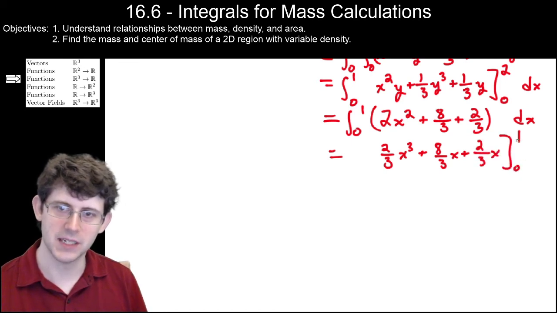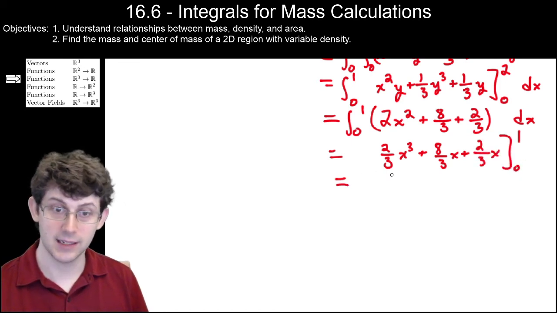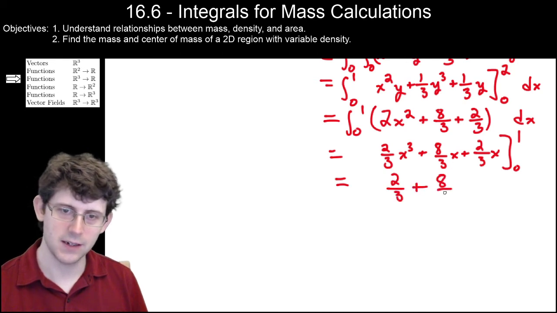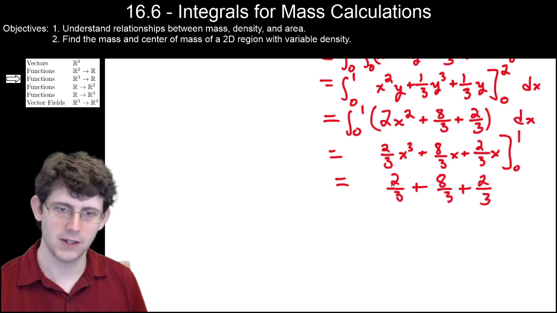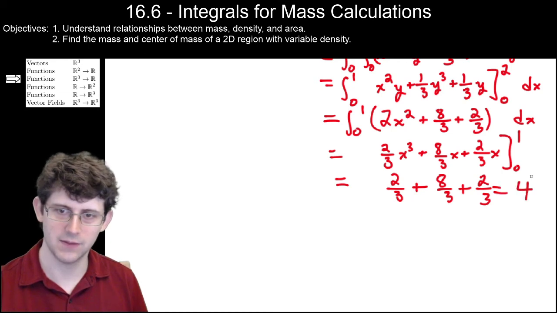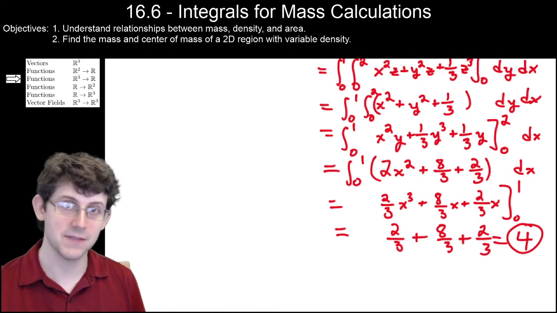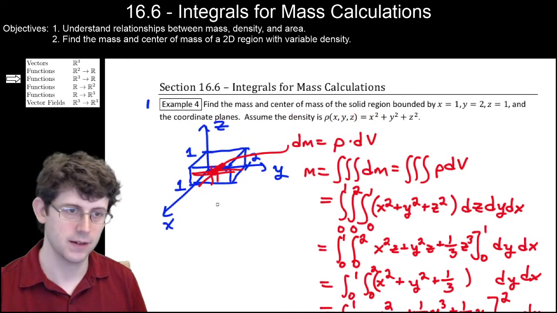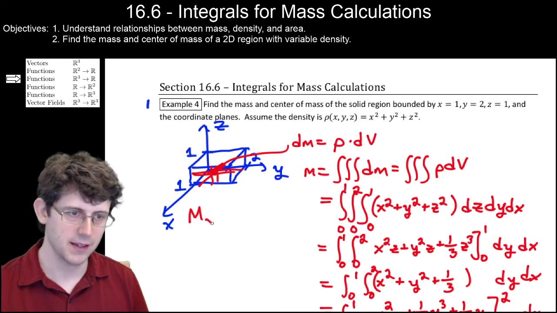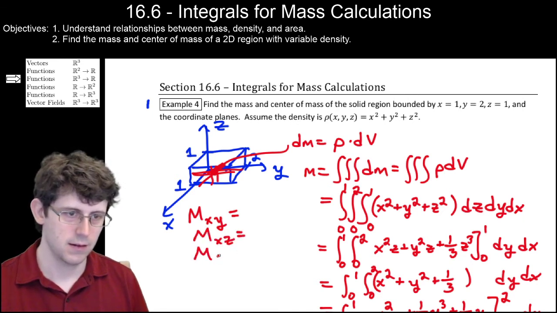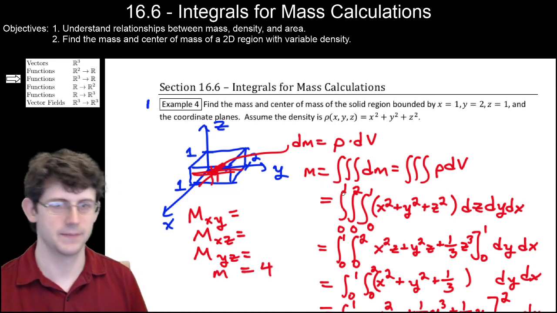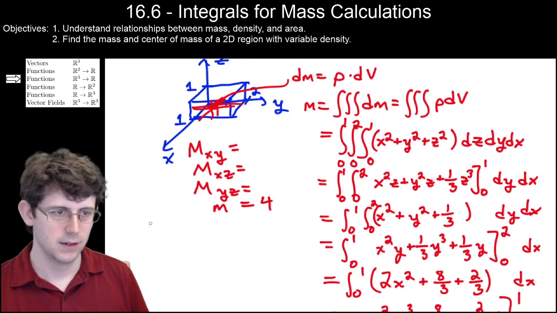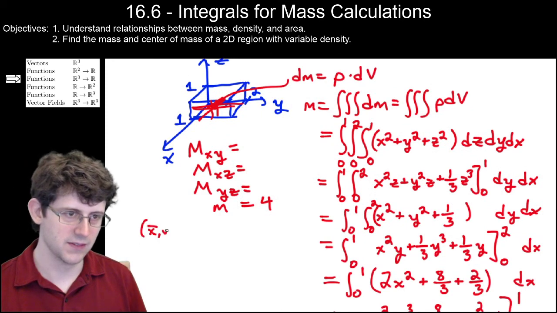This is all going to go from 0 to 1. So I plug in x equals 1 and get 2 thirds, 8 thirds, and 2 thirds. So this is 12 thirds. That's 4. So the mass of this box is 4. Let's keep track of all the answers we get up here. The mass is 4. And then I'll just make a place for our answer.